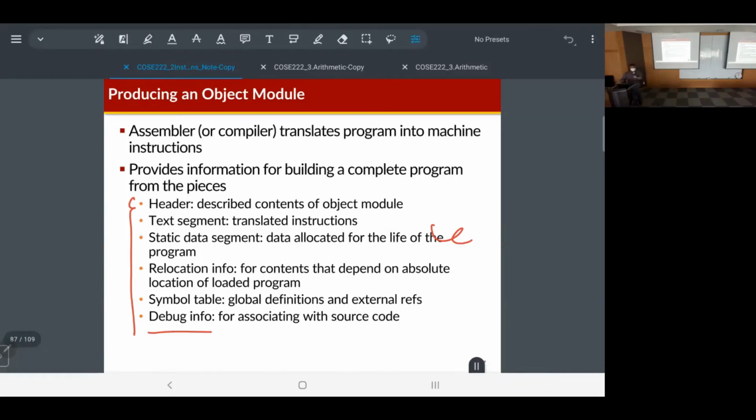So, as I announced in the previous class, I posted the second homework assignment. The homework assignment covers what we learned in chapter 2, the instruction set architecture.